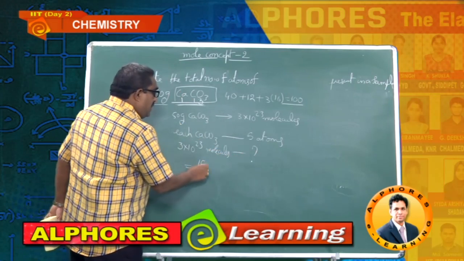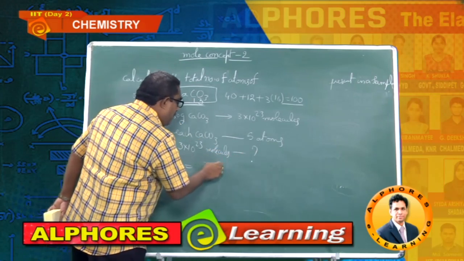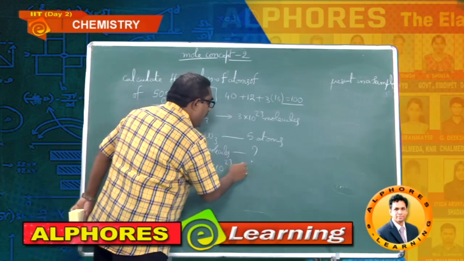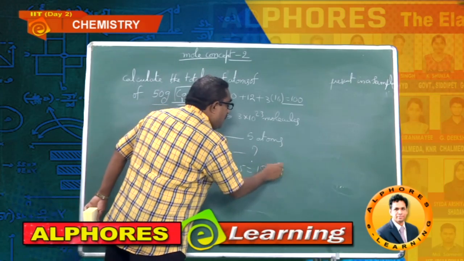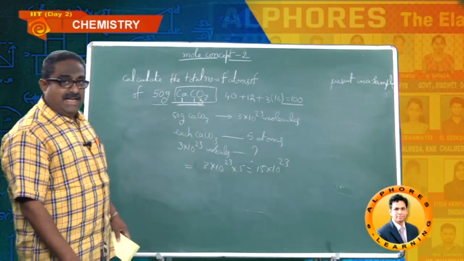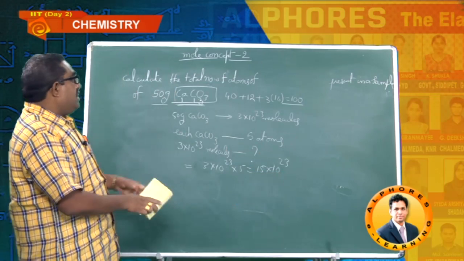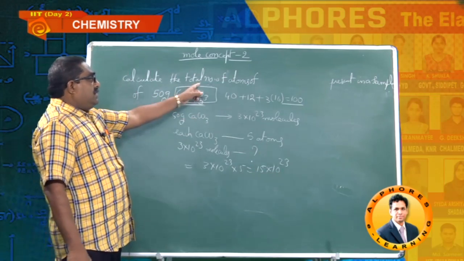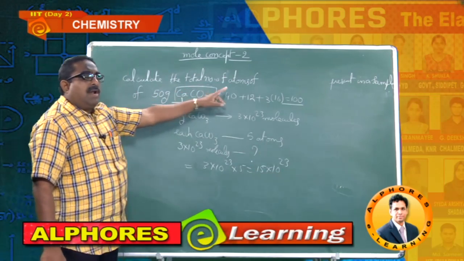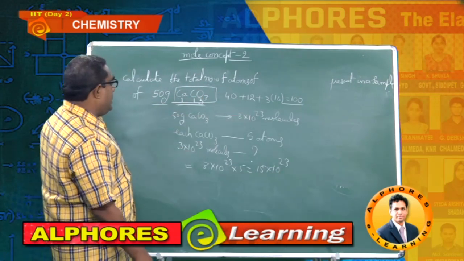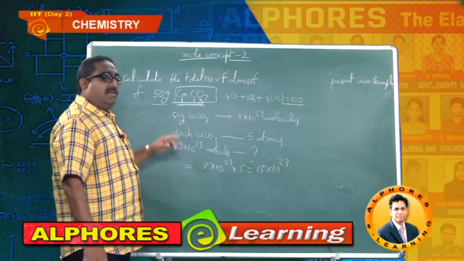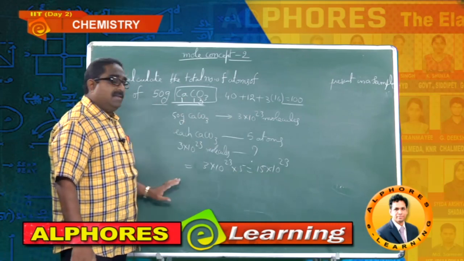Directly you can write 3 into 10 power 23 into 5, that is 15 into 10 power 23. So this is the approach to calculate the total number of atoms present in a substance of given weight.